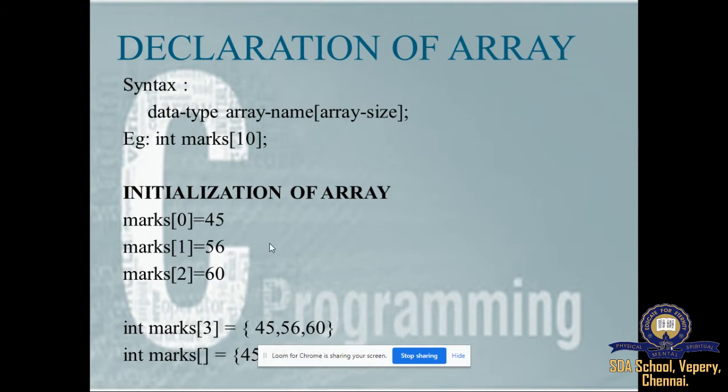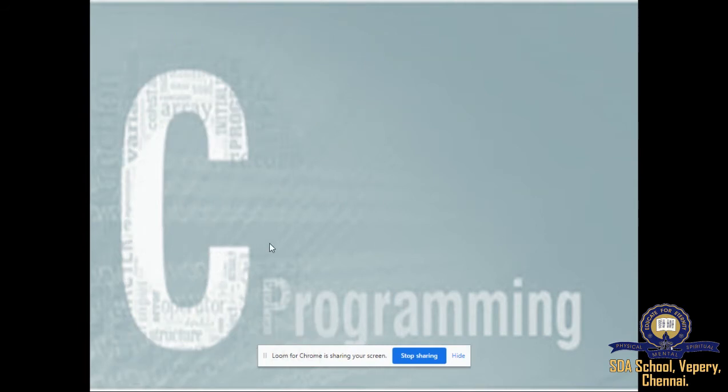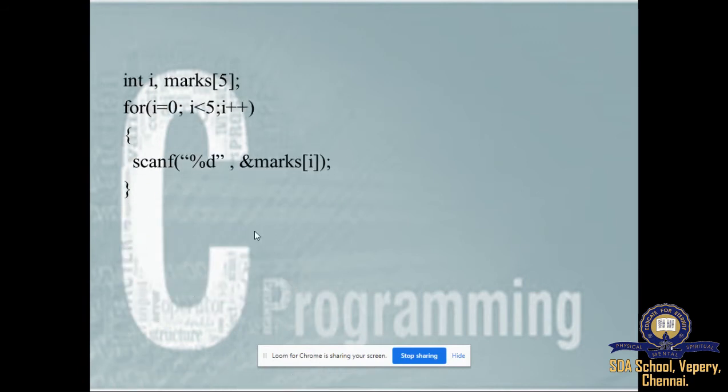When you go for a number of elements exceeding 10, how to initialize? Yes, good. You have to use your for loop. The for loop will go for a repeated number of iterations. We have already studied this in your previous chapter. What is the use of looping statements? Yes, when you have to perform an operation multiple times, repeating the same step, then you go for a looping statement.